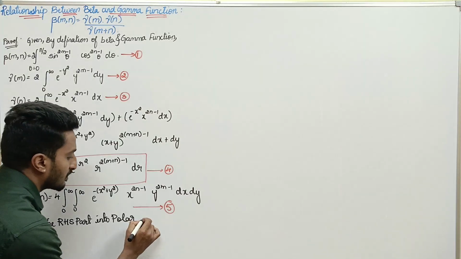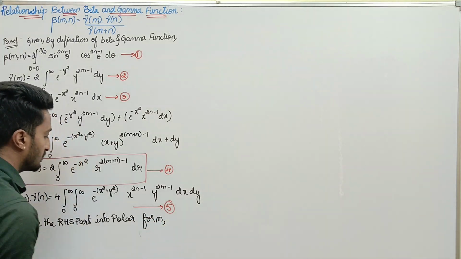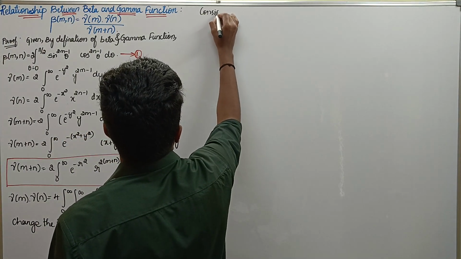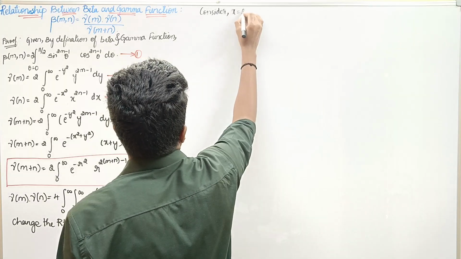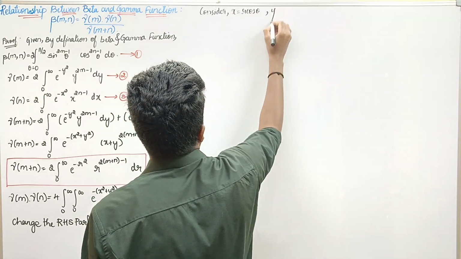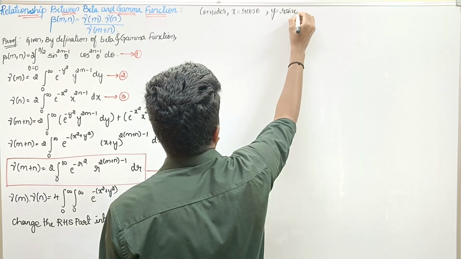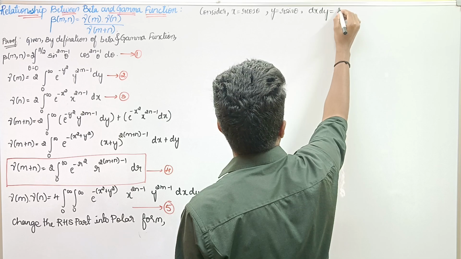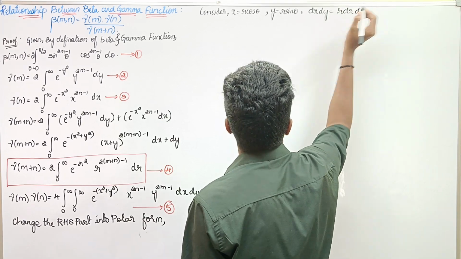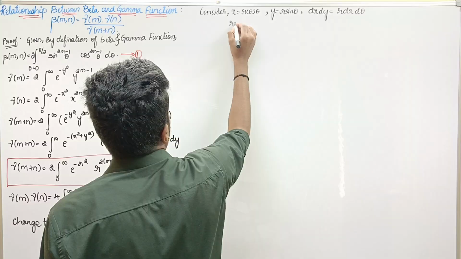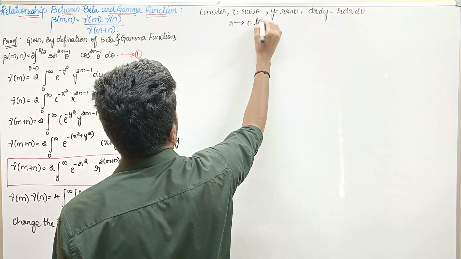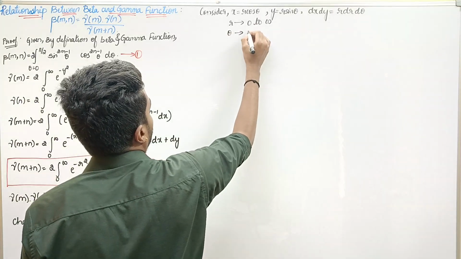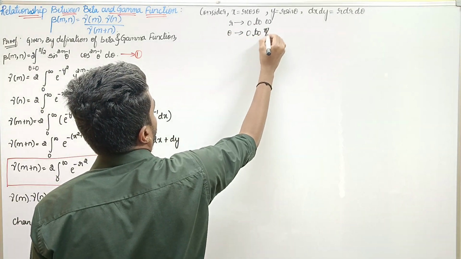To change RHS into polar form, we are supposed to consider x equal to r cos theta, y equal to r sin theta, next dx into dy equal to r dr d theta. Next, r changes from 0 to infinity. R represents radius and theta represents angle 0 to pi by 2.